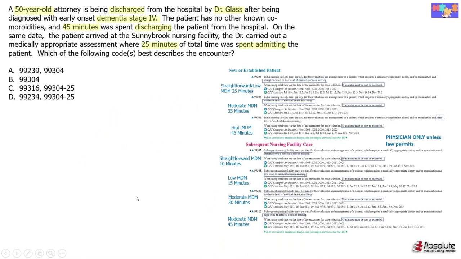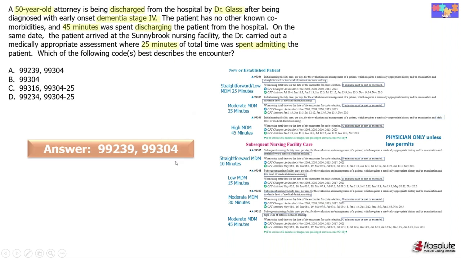So the patient was discharged in our scenario from the hospital. So we are going to code first the hospital discharge code. And from the scenario, we can see the doctor spent around 45 minutes discharging the patient, and admitting the patient to the nursing facility, the doctor spent around 25 minutes. So the correct answer for this one is going to be 99239.